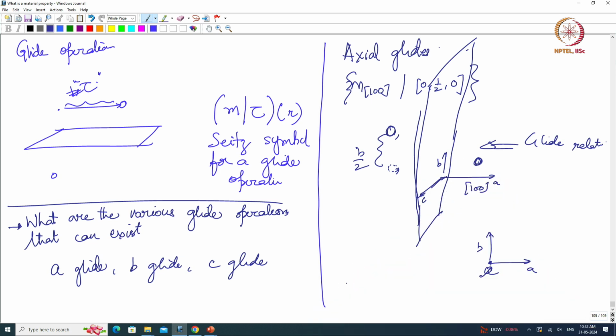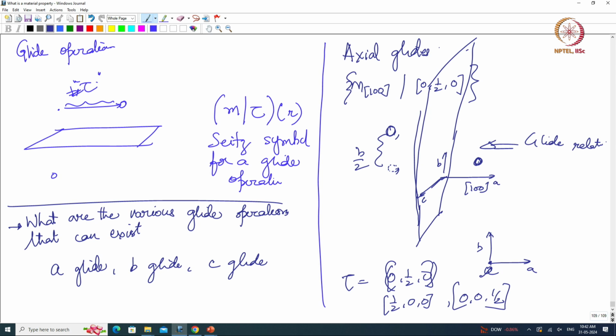So the translation vector can either be 0 half 0, or half 0 0, or 0 0 half. These are the translation vectors, but typically they should not be perpendicular to the mirror.